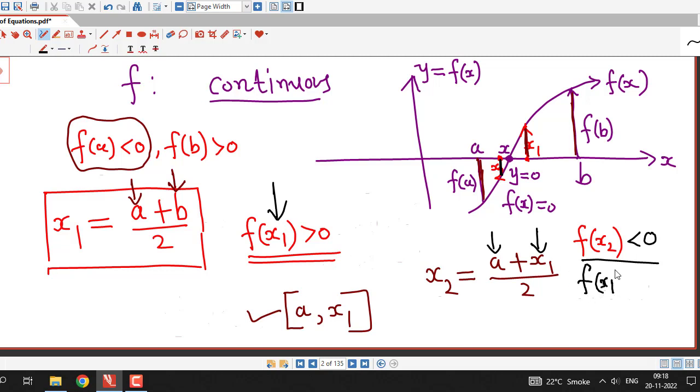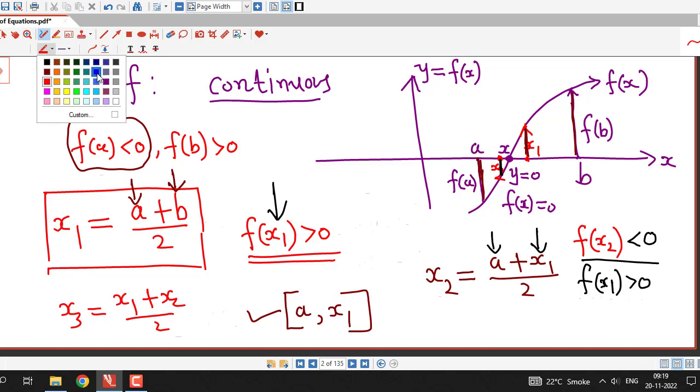So now the root lies between x1 and x2. So we will consider the next approximation x3 equal to the average of x1 and x2, that is (x1 plus x2) by 2, this point, the midpoint of the interval x1 and x2.